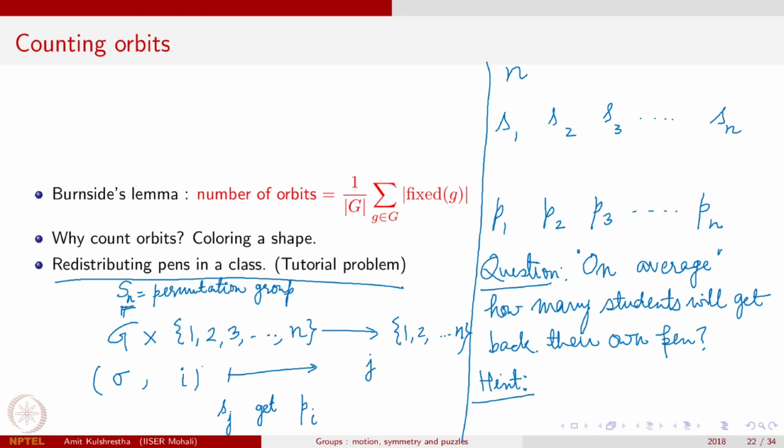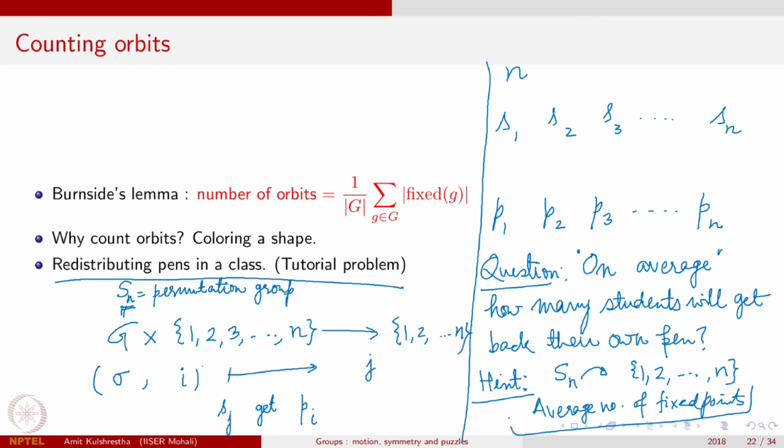So, the hint is that the action is Sn, the permutation group acting on the set of n elements, the natural action, and what we are supposed to count is the average number of students who get back their own pen. So maybe we are talking about the average number of fixed points, and that is a hint.